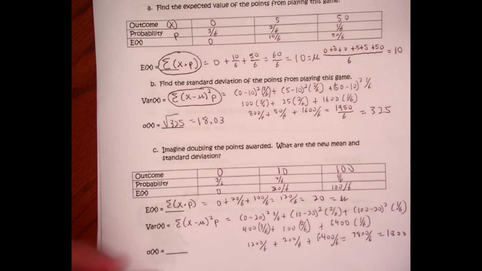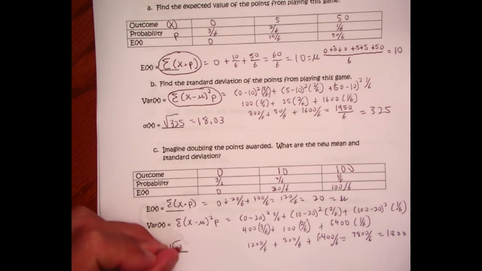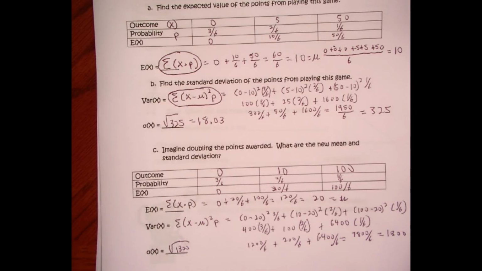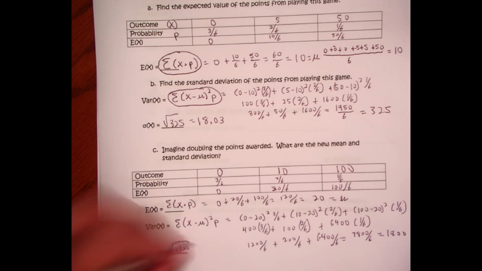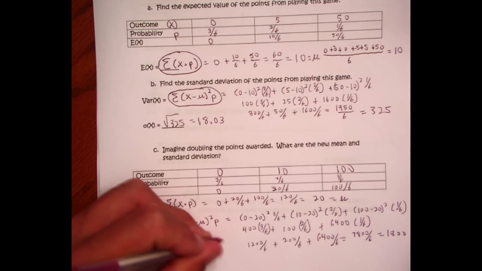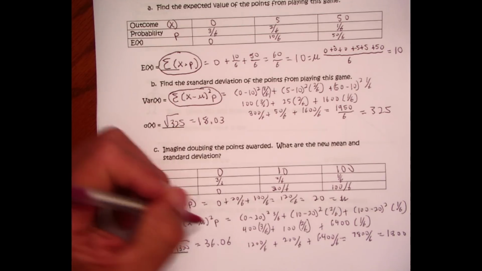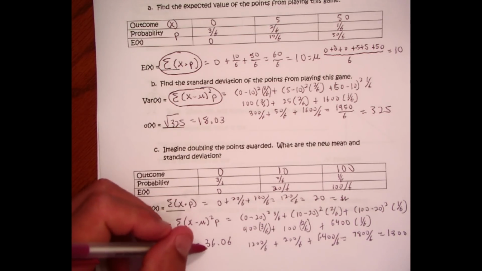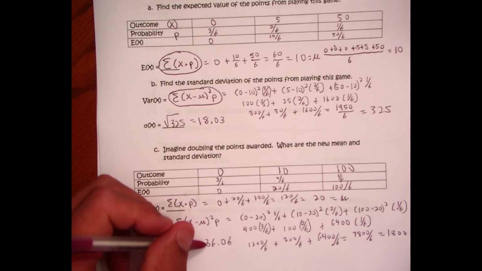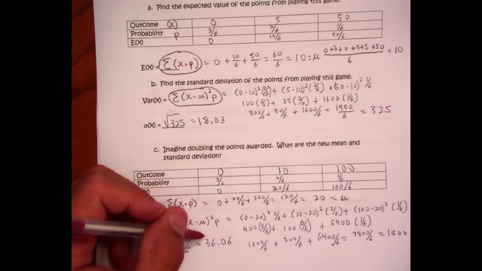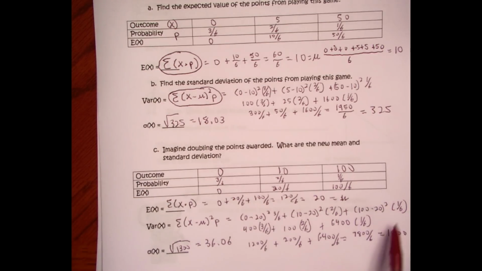But when we do the standard deviation, we take the square root of that. We get 36.06. So look what happened. The standard deviation was 18.03. The new standard deviation is 36.06. So the standard deviation doubled. The reason the variance is 4 times that is, remember, you got to do the square root.